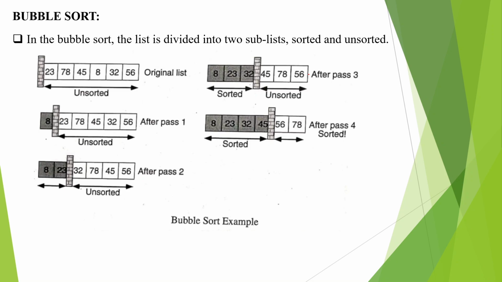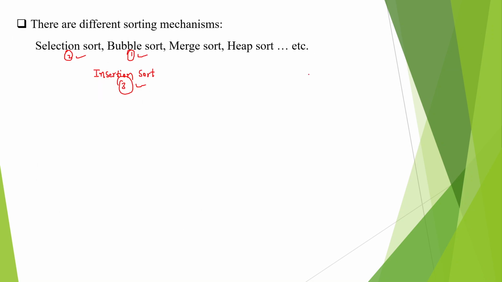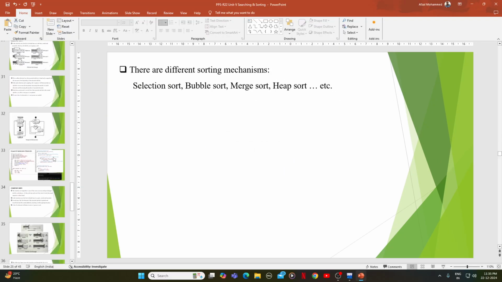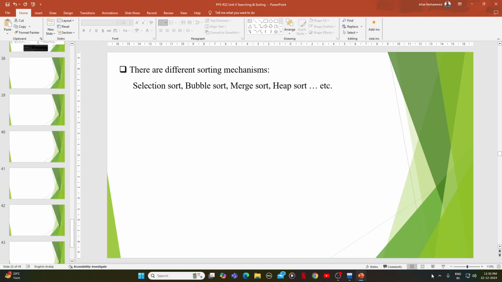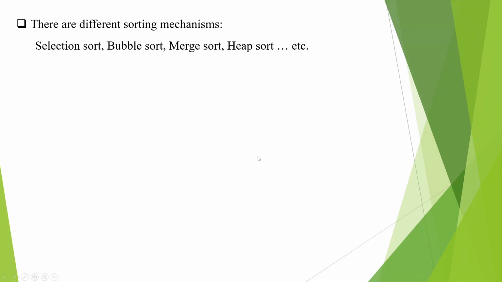Whatever unsorted list they give, how do we do it?